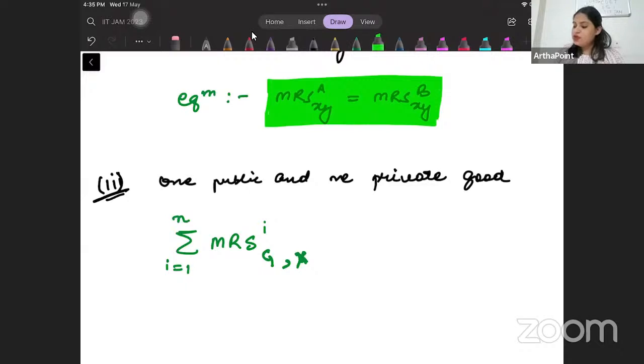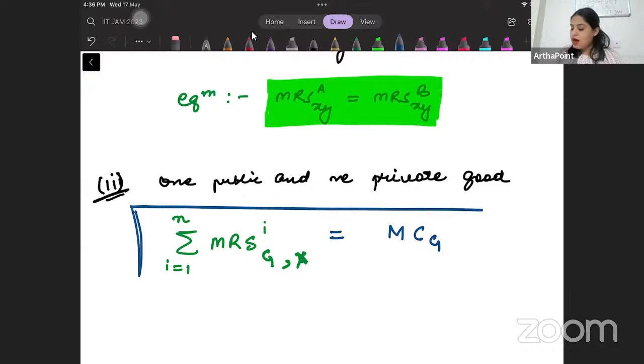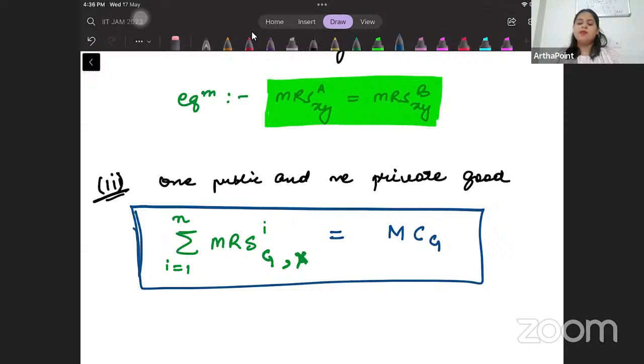So for every individual from i to N, I want to add the rate of substituting one good for another, public good for private good. And when I add that together, it should be equal to the cost of providing the public good. It should be equal to marginal cost.